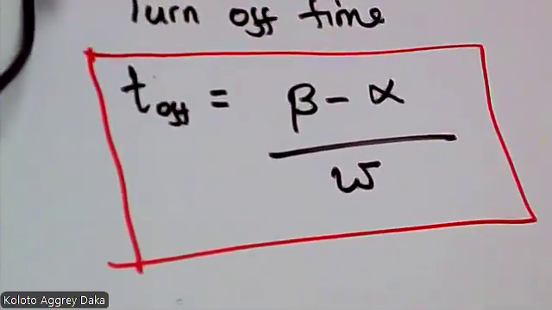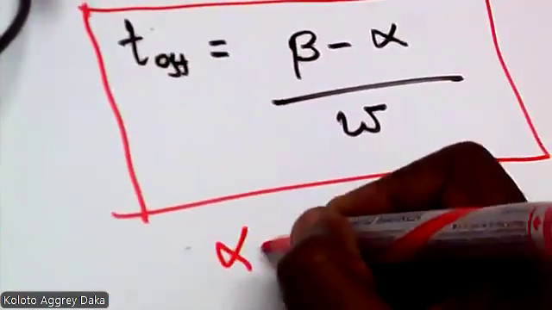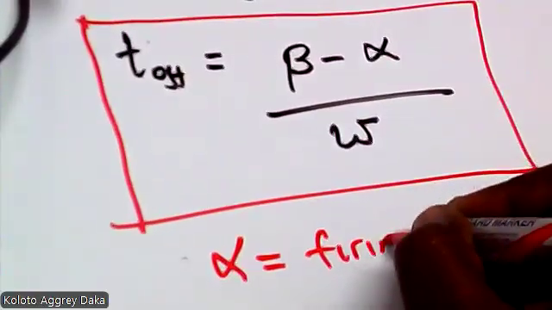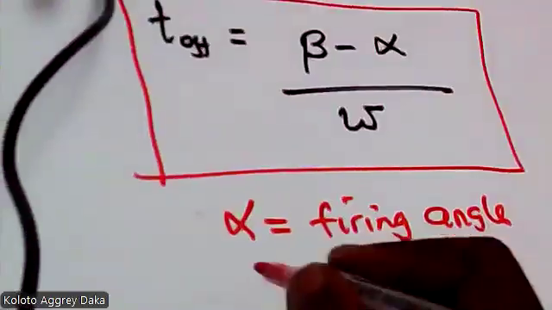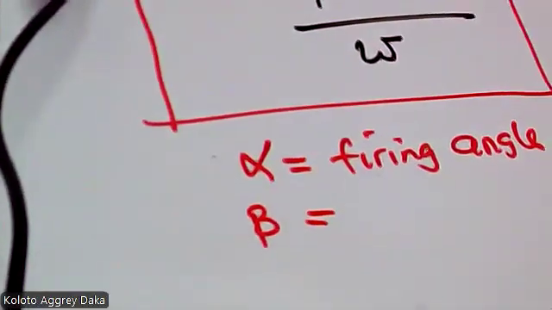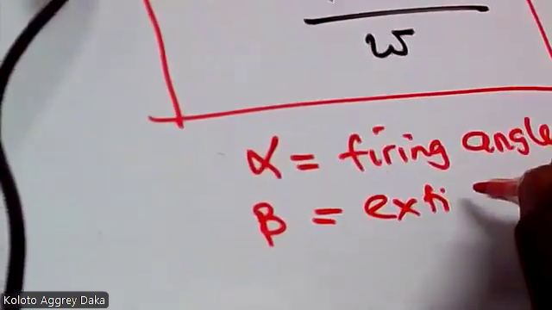What is the beta? So let's start with alpha. Alpha is the firing angle. Beta is the extinction angle.